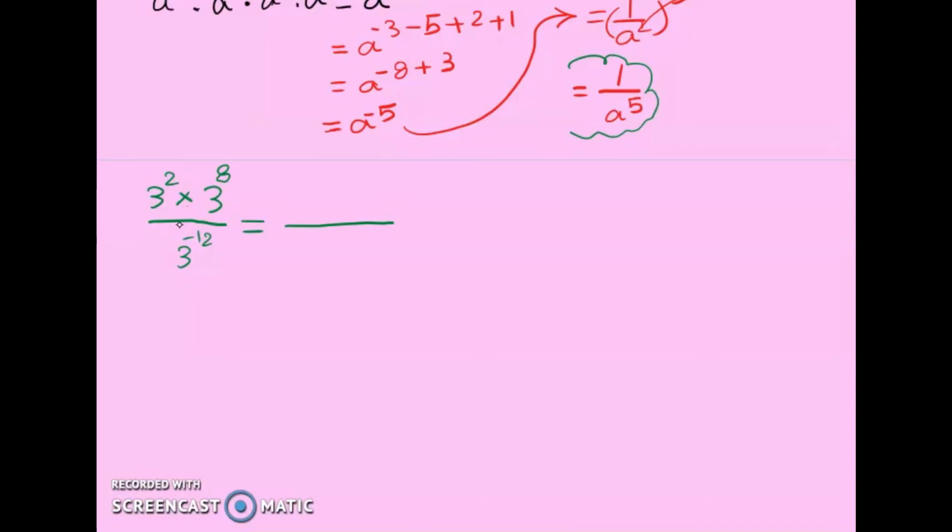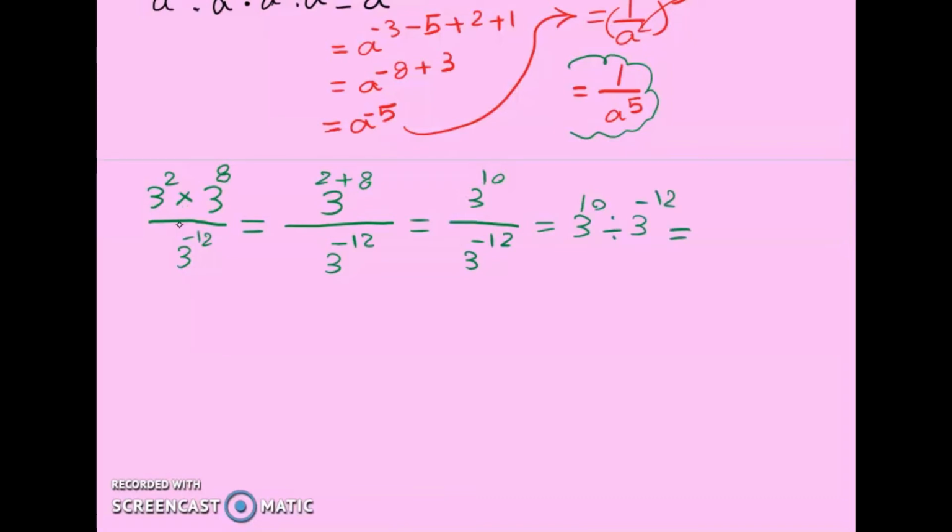Because this is multiplication, you write one of the bases and add up the two exponents, 2 plus 8, and keep the denominator unchanged because it is a standalone. So the top would be 3 to the 10, and the denominator still is 3 to the -12. Next step, you have just one power on top and bottom. The line of the fraction means division. It means 3 to the 10 should be divided by 3 to the -12.